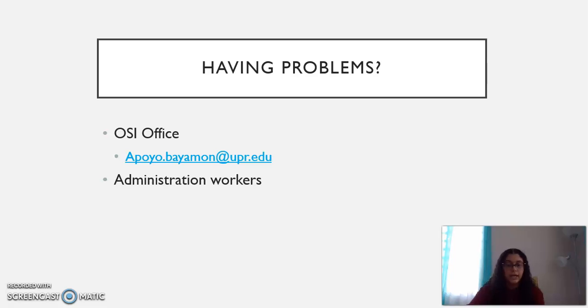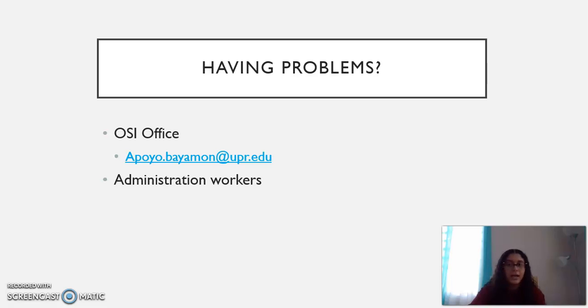If you someday have any problem logging in or submitting any assignment or test, you can contact the OSI, Oficina de Sistemas de Información, at apoyo.bayamon@upr.edu, or other administration workers who are willing to help you and will guide you to the right people.